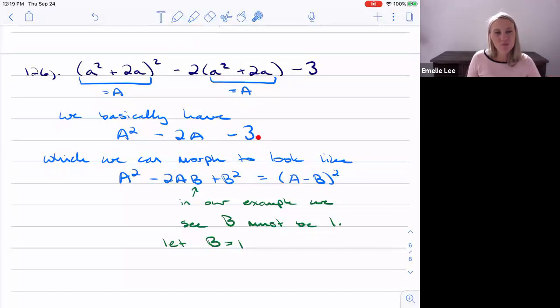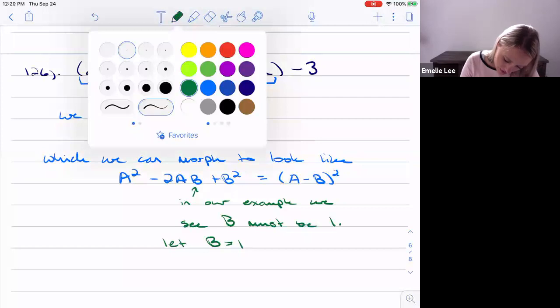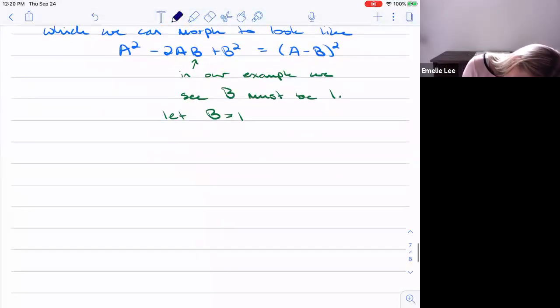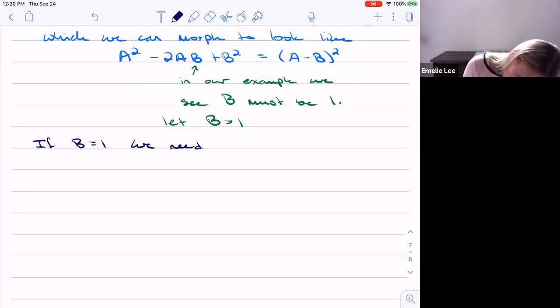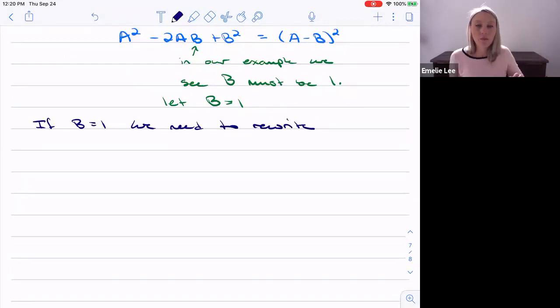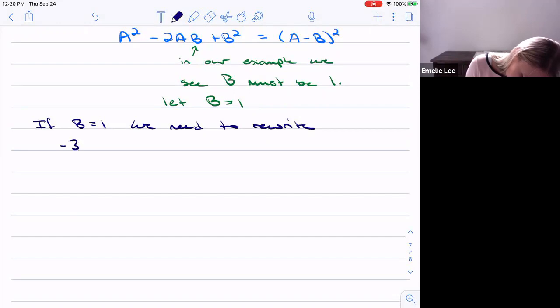It's very similar to the exponents. What I'm going to do is rewrite negative 3 as 1 squared minus 4. Okay? So if b equals 1, we need to rewrite negative 3 as a function of b squared, which is 1 squared.